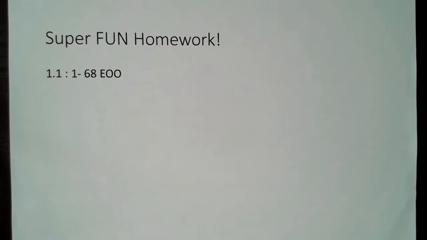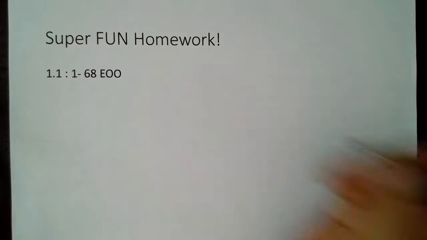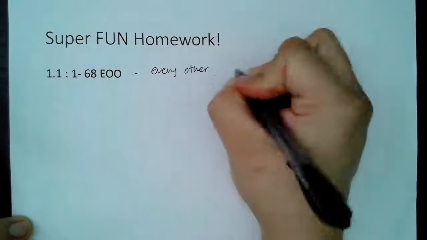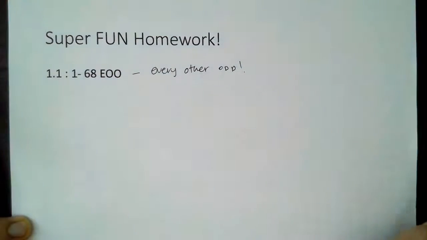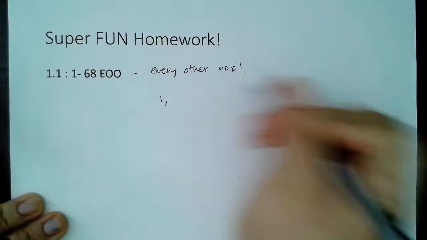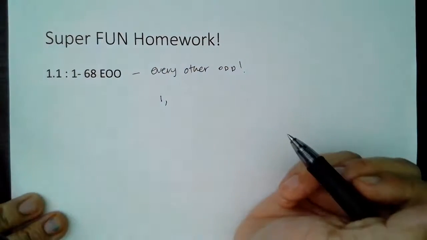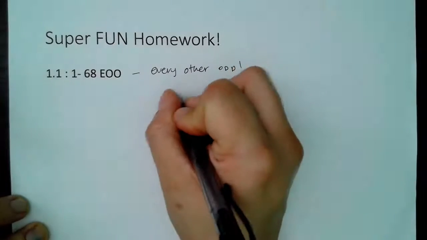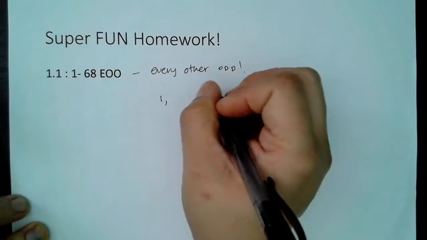Okay, so let me explain what EOO means. That means every other odd. So what would that look like? You begin with 1, then what's the next odd number after 1? It would be 3, right? But it's every other odd, so you actually skip 3, and you would go to 5.